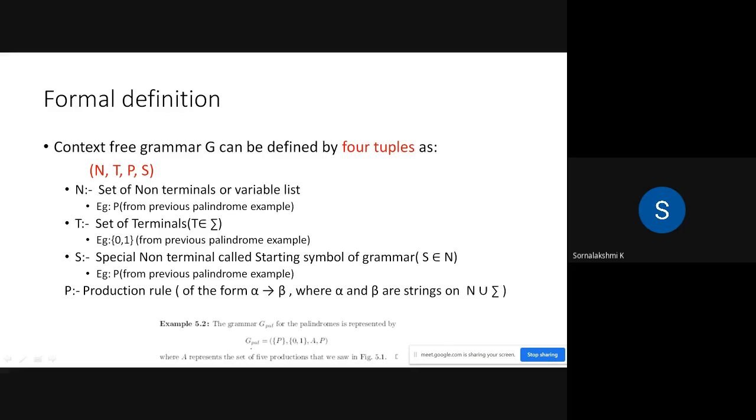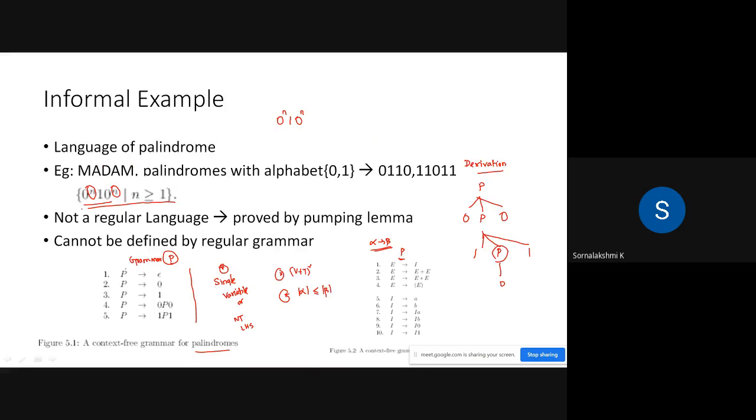So this is the formal definition of grammar for the palindrome example that we saw previously. The grammar for palindrome has a set of non-terminals or variables, and a set of terminals, 0 or 1. A is a set of all these production rules, which I can name P1, P2, P3, P4, and P5.